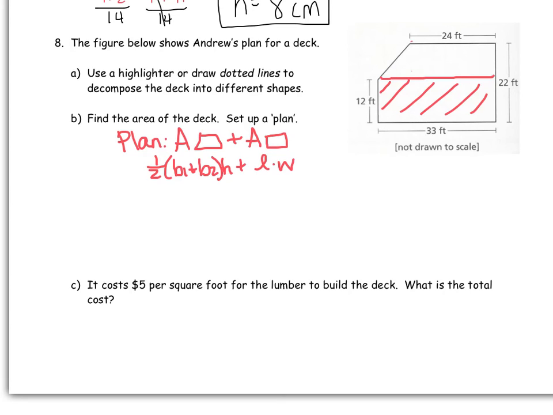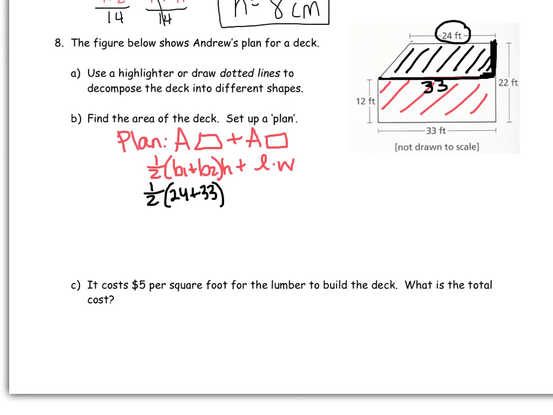So if I'm looking at my trapezoid, which is here, this would be the area. I have base 1 of 24, and then the bottom base would be 33. Now the height would be from the top to the bottom here, but that's not given to me.